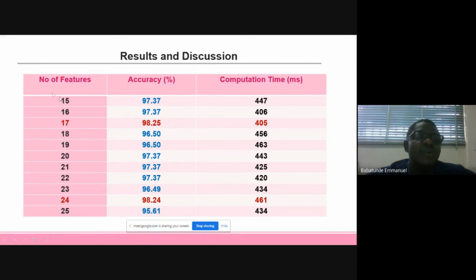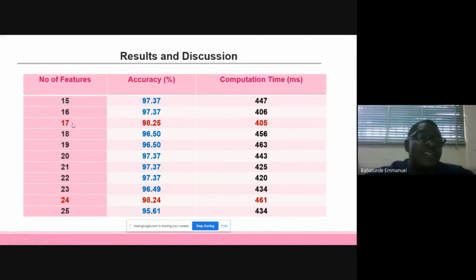We also reduce our features. We have a number of features here. We use different numbers of features and obtain the results of the performance as accuracy in percent. And we also compute the computation time, that is, how long it took for this analysis to be carried out.